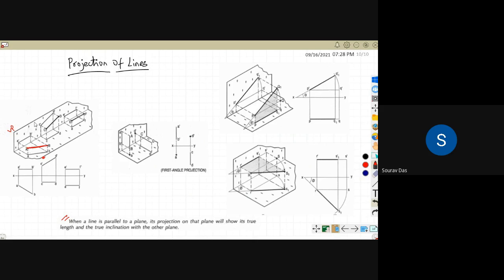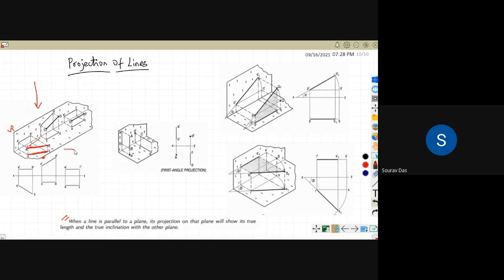So when we see from the top, the top view of the line will be this one, and from the top we can see the true length of the line. And also this inclination with the vertical plane will be shown in the top view.